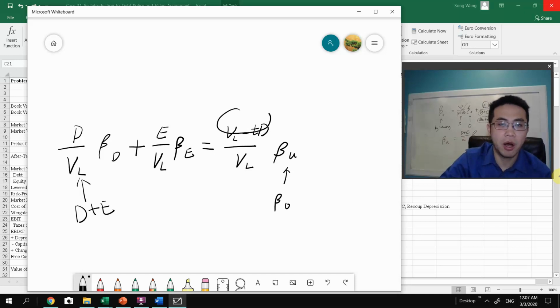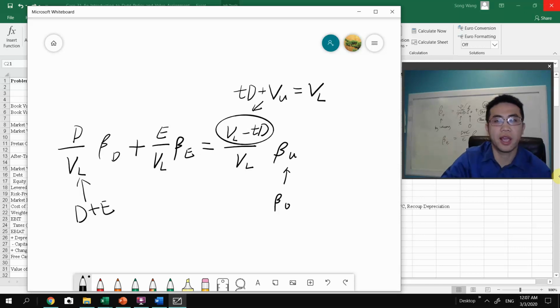So this part right here is the value of unlevered firm. Remember, the value of unlevered firm plus the value of debt times the tax rate is the value of a levered firm, as I have mentioned in class before.